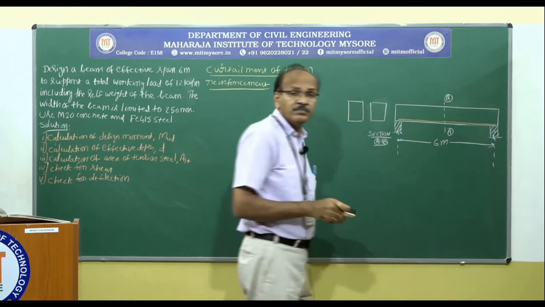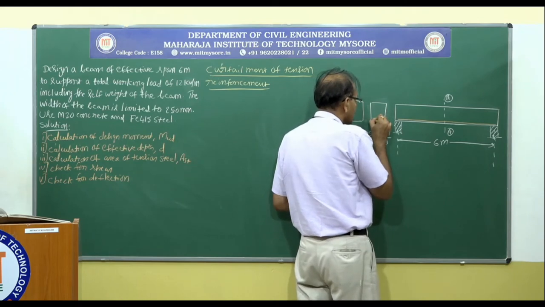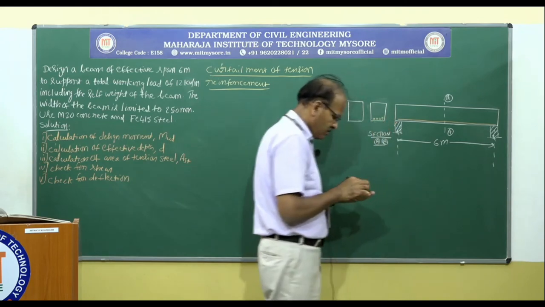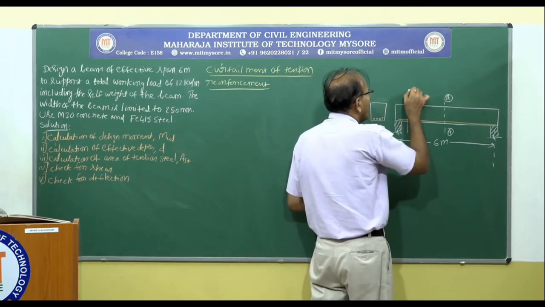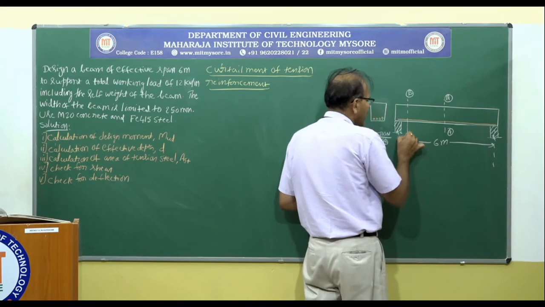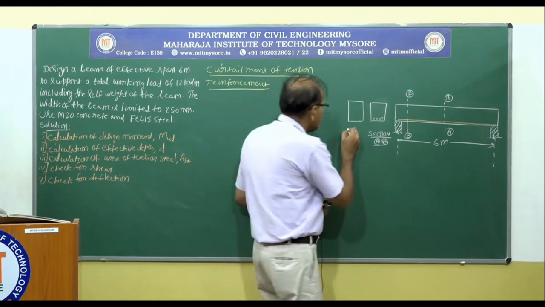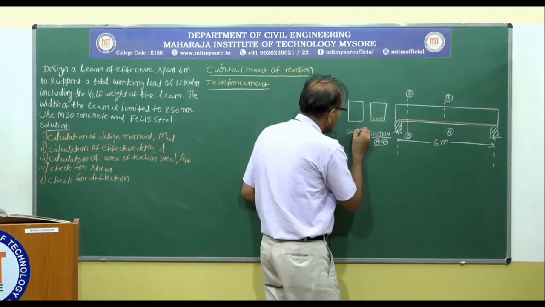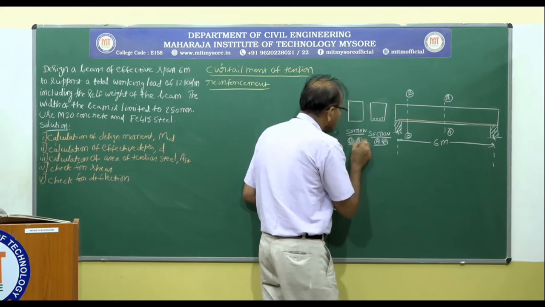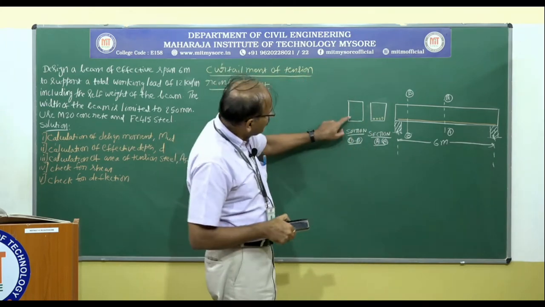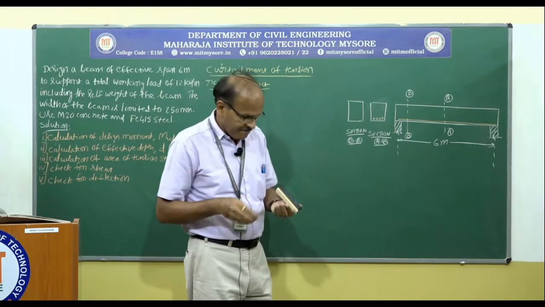These are the reinforcements at section AA. And this I am going to show as section BB. But I am not showing the number of reinforcements yet. You are going to know why.